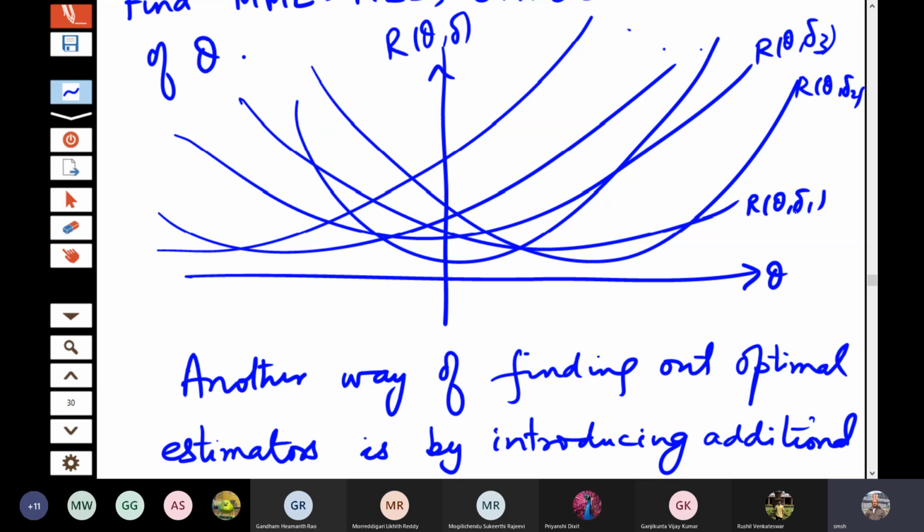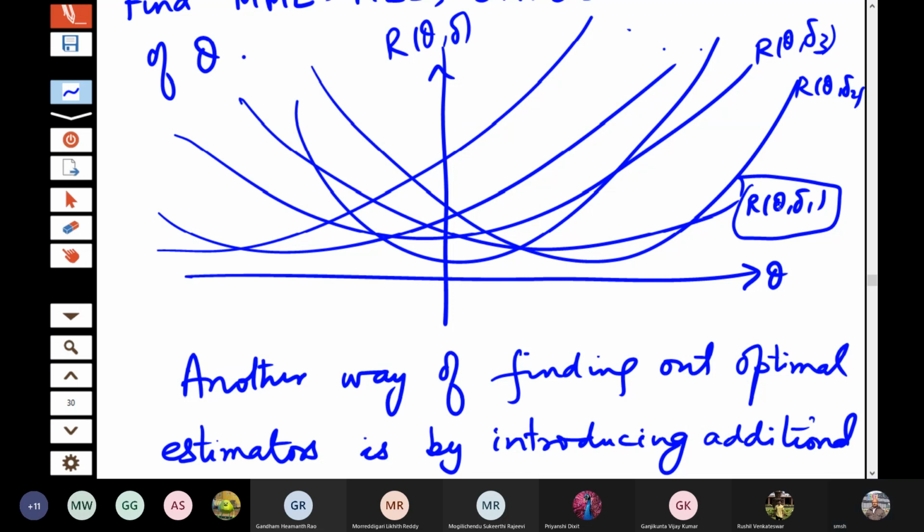If I can define some sort of weighted probability distribution for theta, then I can take the expected value of r(theta, delta 1) with respect to that distribution of theta. Naturally, if I can take it for delta 1, then I can take it for delta 2, delta 3, and so on. That means I am proposing that for the parameter space, impose certain probability distribution, and then take the expected value of r(theta, delta 1), r(theta, delta 2), etc., so that the effect of theta is removed.